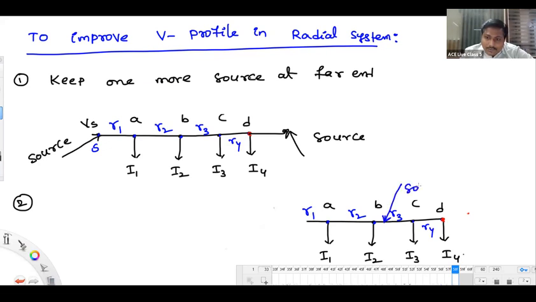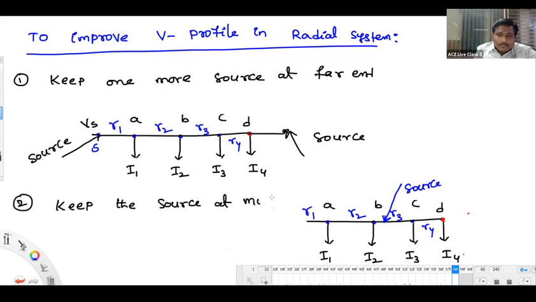This is the source location. And definitely both sides' voltages will be improved. So keeping the source at the middle is the next option we are saying. That will definitely improve the voltage profile.